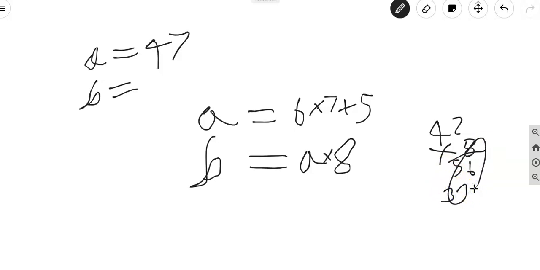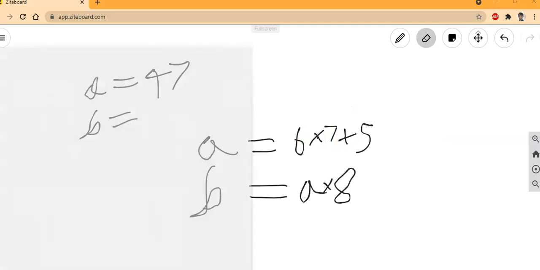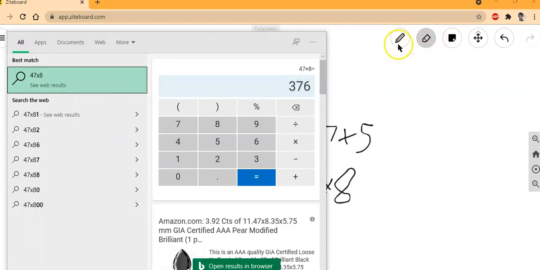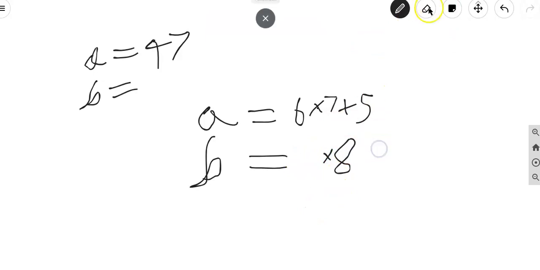Okay, so whatever, 47 times 8 is equal to 376. And so B equals 376, because A is 47 and 47 times 8 is 376.